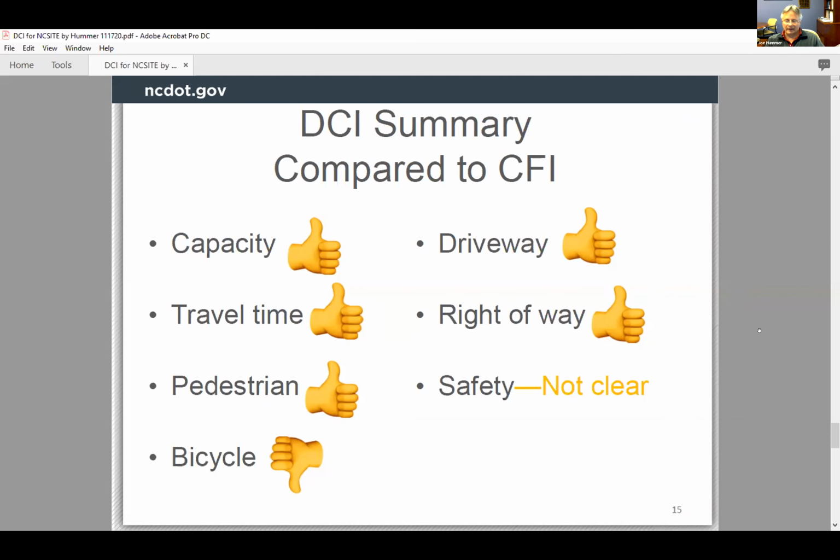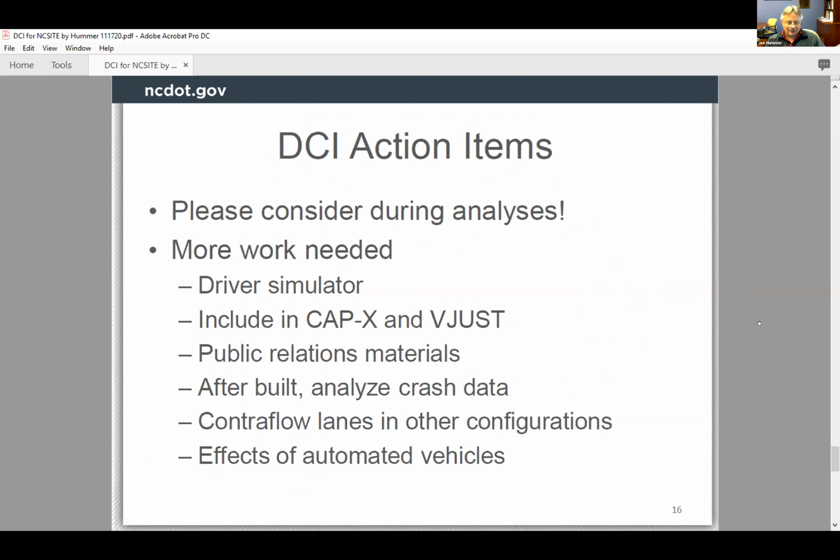The one negative impact, as far as I could tell, that I measured was bicycle impact, where the CFI looks to be a superior design for bicycles. So please consider this one. I think there's a niche there, again, at these big whopper intersections where there's just not a lot of other choices. Don't have a lot of other good ideas out there for such places.